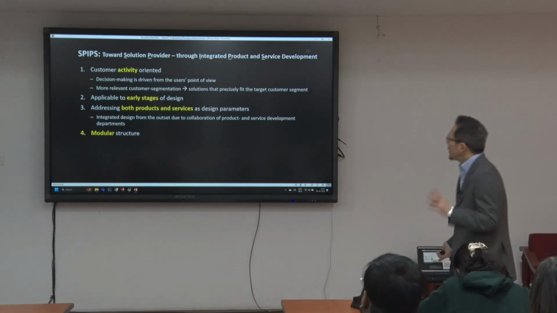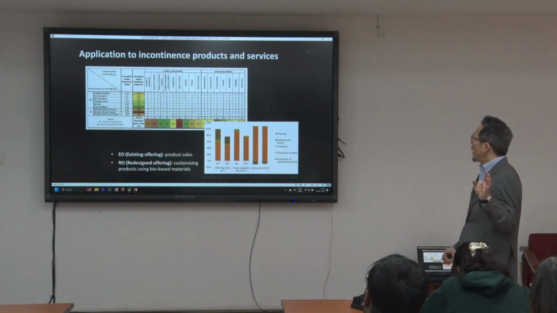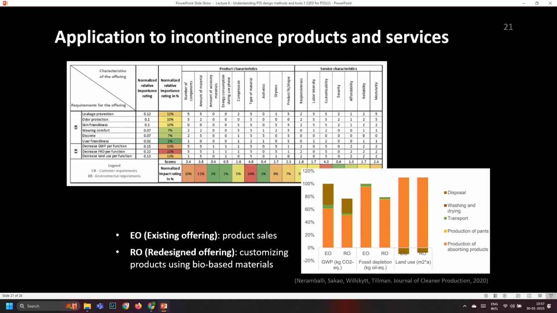Okay, good. I just want to introduce another application case. We applied several variants of QFD for PSS in different contexts. This is one such case, published in a paper.